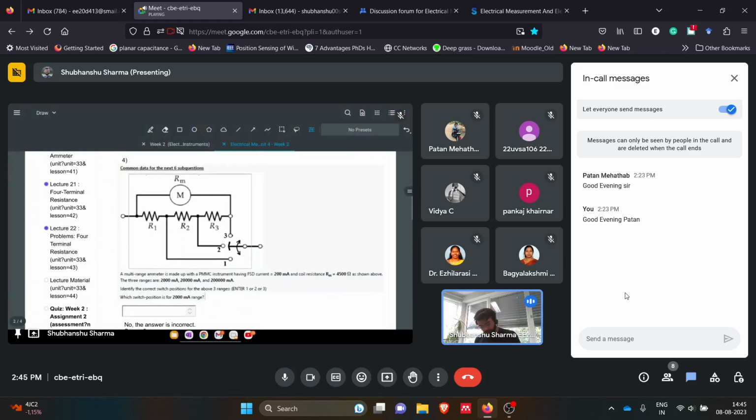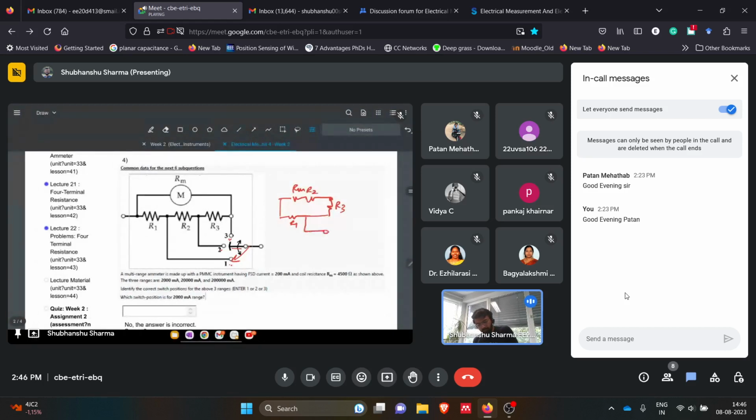After this, we have another question in which the switch position is changed from 1 to 3. If the switch is in position 1, then we have R1 here, and in parallel we have RM, and in series with that R2 and R3 also.